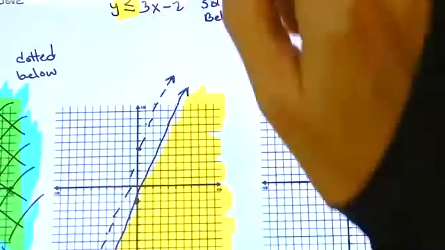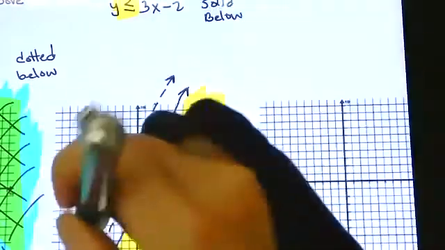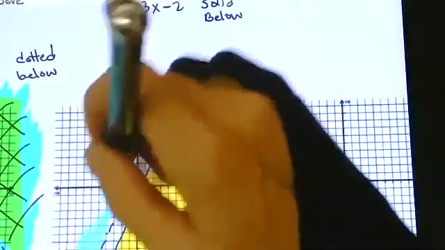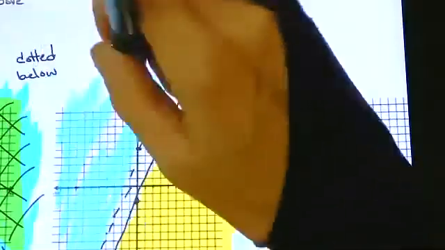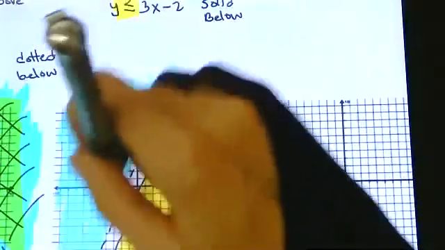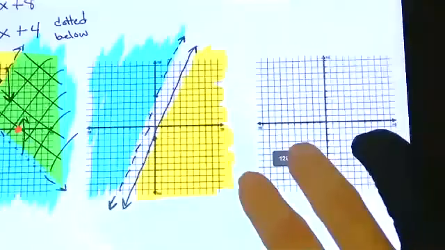Okay, so there's my dotted line, and I'm going to shade above. My line is not as straight as I would like.